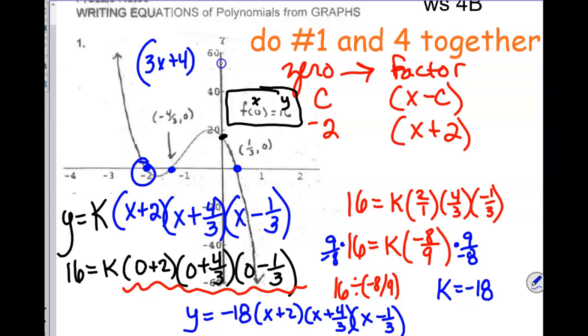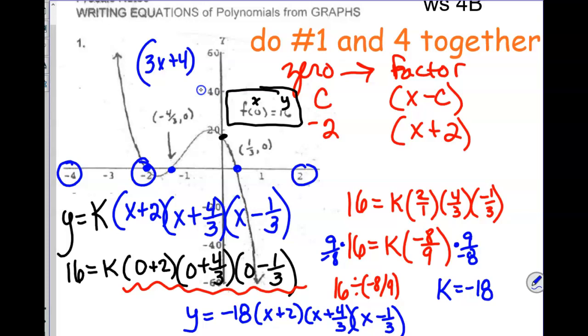What's their window set to? Their x is negative 4 to positive 2, and their y's are like negative 60 to 60. If you set your window to theirs and you type that equation in, it should show up as the same picture, and you could type some of those ordered pairs in. You could type negative 2 and it should be at 0. You could type 0 and it should be at 16. We can talk about that on the next one.